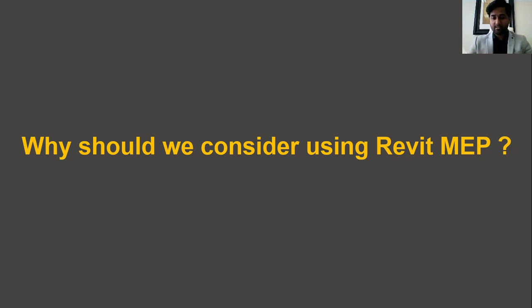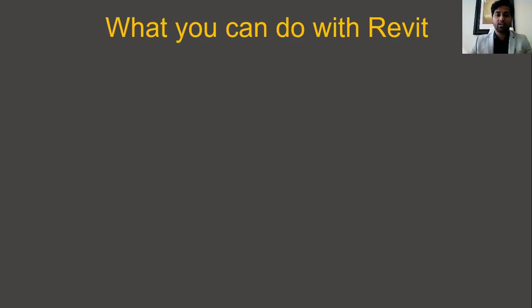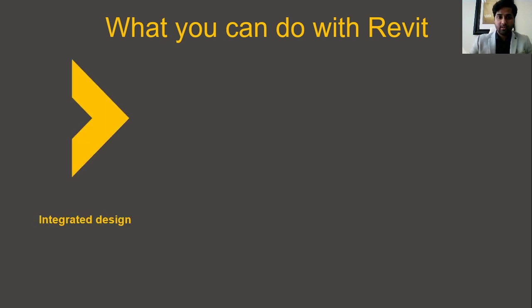So let's start with what you can do using the Revit software. You can create integrated design using the Revit software. So what is integrated design? We'll be discussing that. Basically, in a single design, you can have all your elements or all your drawings together in one single file.